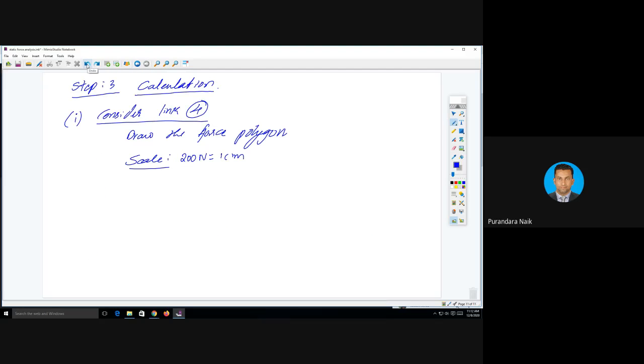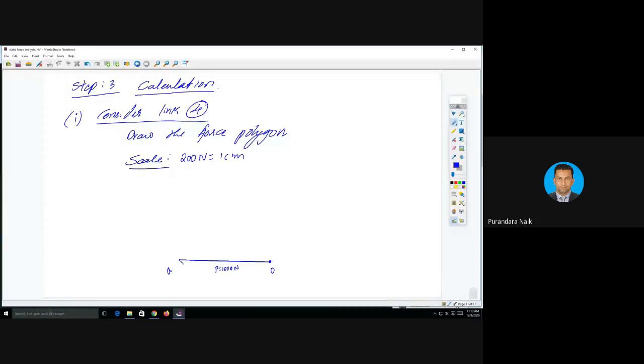Correct? O A. P is equal to 1000 Newton, direction towards left.